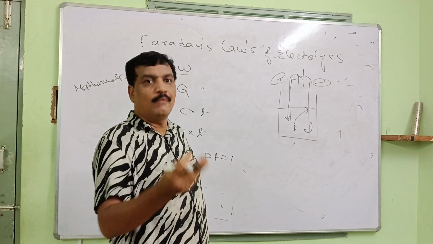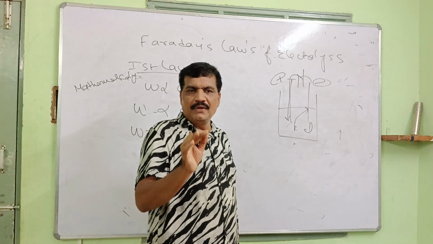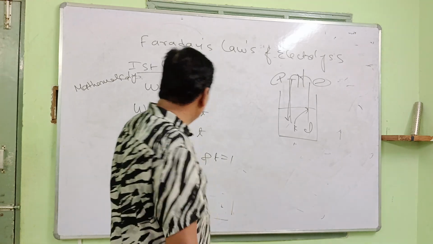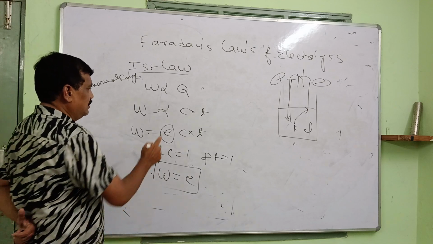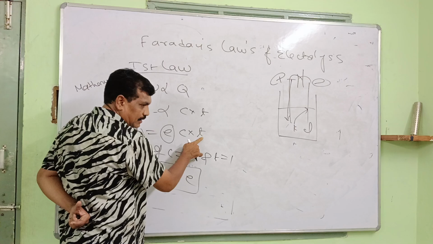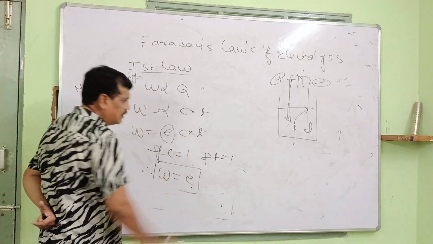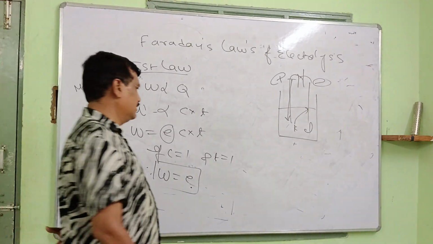How much is deposited? That is called electrochemical equivalent. I repeat the definition: if 1 ampere of current is passed for 1 second, the amount of substance deposited at the electrode is called electrochemical equivalent. It is very important.